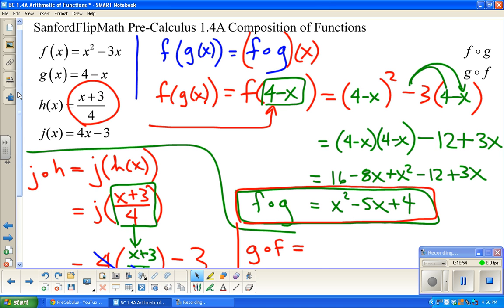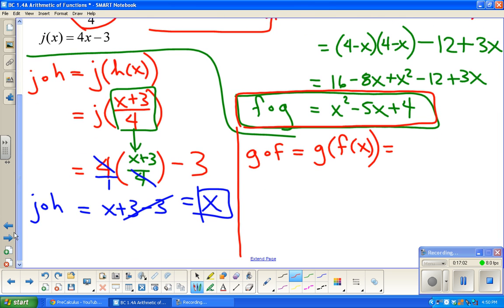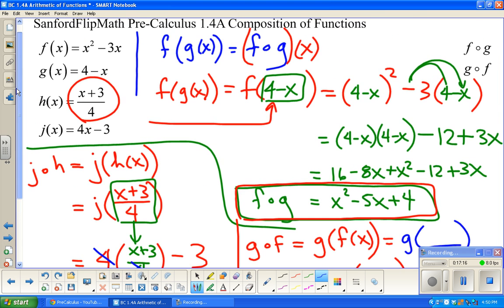So g of f means g of f of x. Sorry, I scrolled down so I can see what the functions are. So g is 4 minus x. So this is supposed to be 4 minus, you guessed it, something. That something is f of x. Well, what's f of x? X squared minus 3x.